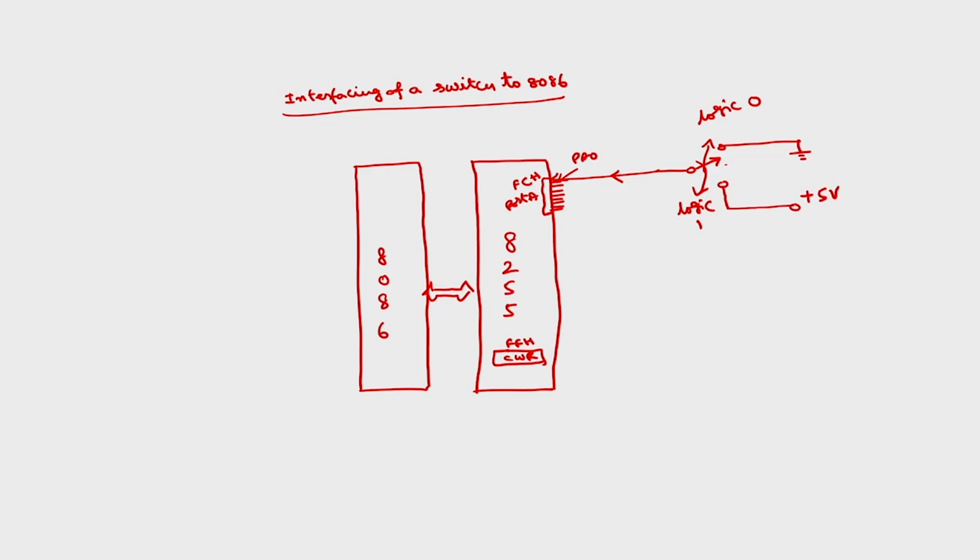Let us write a program. This is simple interfacing. Let us write a program such that if the switch is connected to logic 0, you do some operation, and if the switch is connected to logic 1, you do another operation.